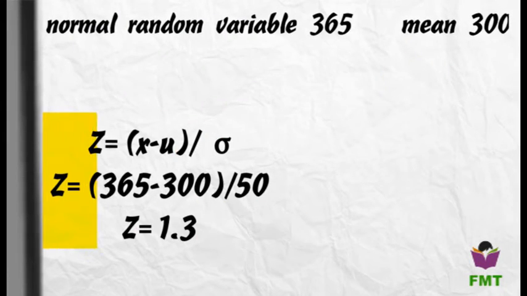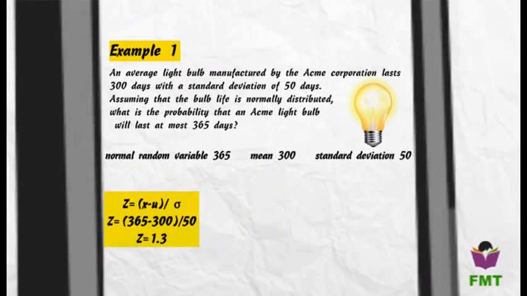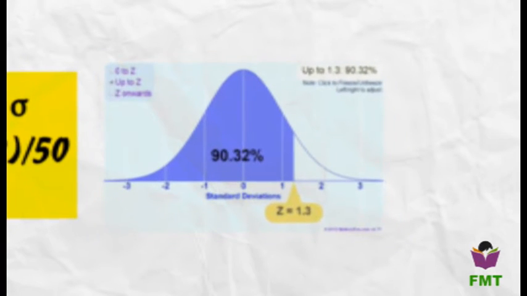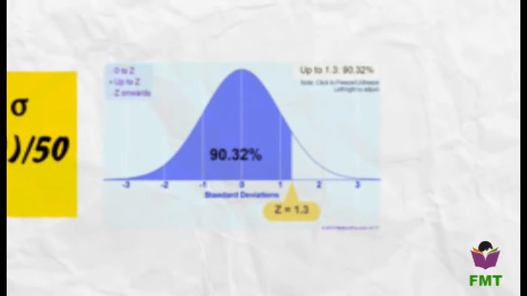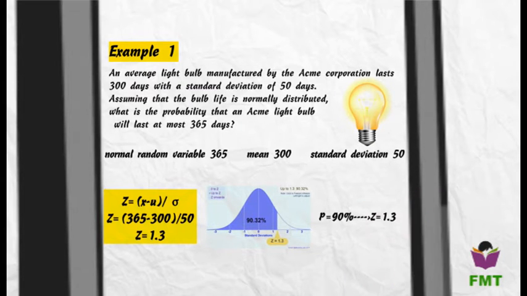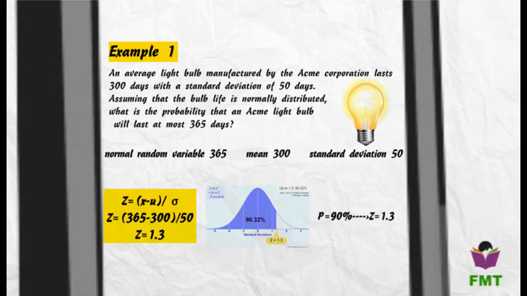We enter the numbers into the Z-score formula and the answer is 1.3. Equivalent probability is 90% for Z equals 1.3. The right answer is that there is a probability of 90% that the bulb will last at most 365 days.